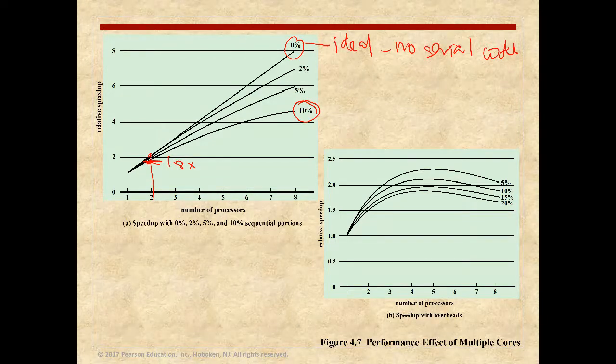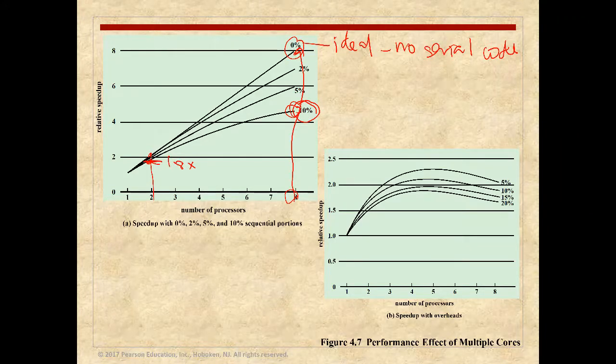With more processors, the difference in the relative speed up becomes higher. You can see that even 10% of serial code reduces the performance from 8 times faster to only 4 times faster.